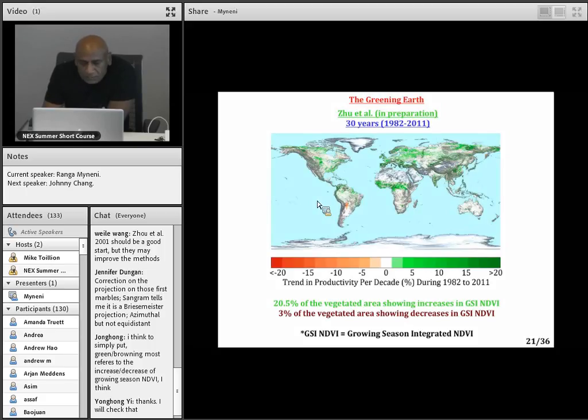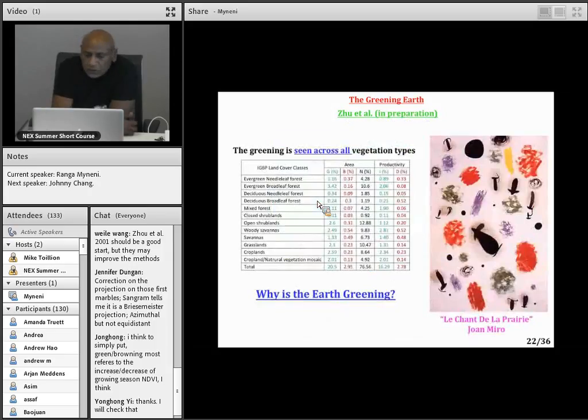So that's an update to Myneni et al.'s paper, now done with 30 years of improved data sets and better analytics. So what is surprising me is that you see this greening, about, if you were to follow my cursor again, about 20% of the vegetated area. The total vegetated area on our planet is about 115 million square kilometers.